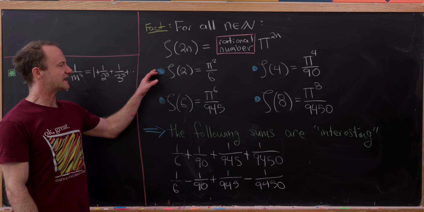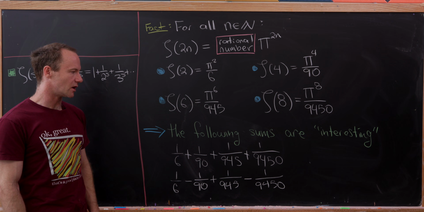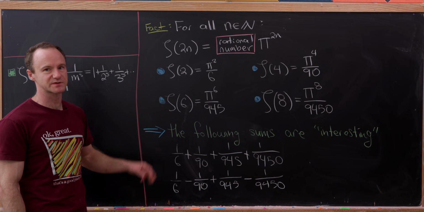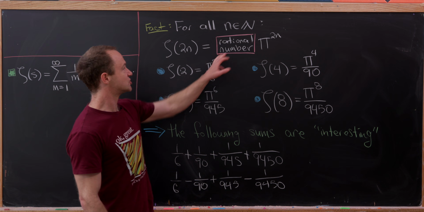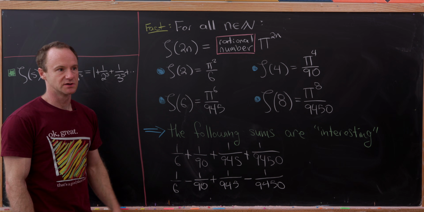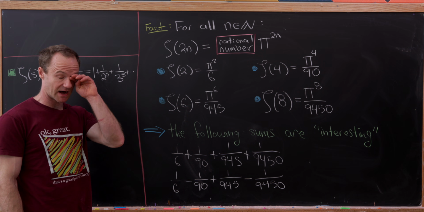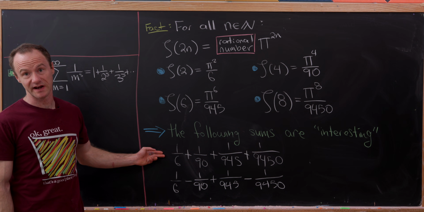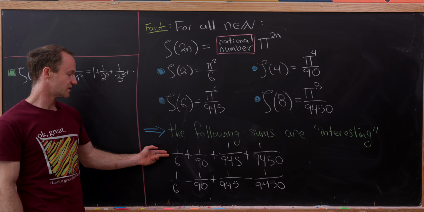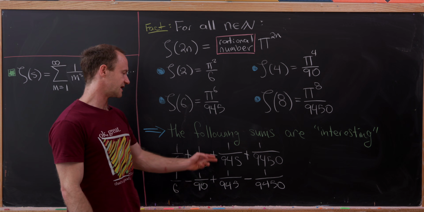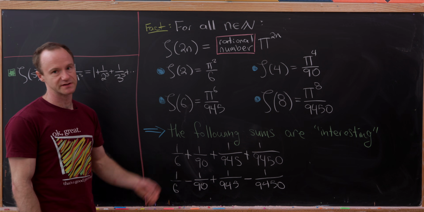Given this fact, I think the following sums are interesting. These sums are built from taking just these rational numbers, and dividing out those powers of pi. So maybe just the straight up sum of those rational numbers: 1 over 6 plus 1 over 90 plus 1 over 945 and so on and so forth.